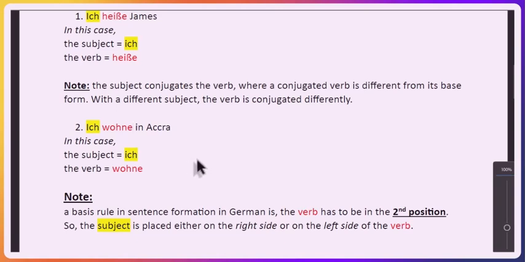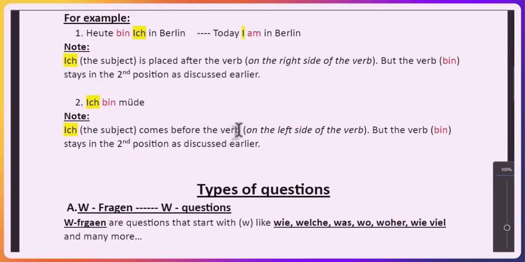There's an exception, but in most cases the verb will be in the second position. With an example like this: Heute bin ich Berlin. Heute bin ich Berlin.